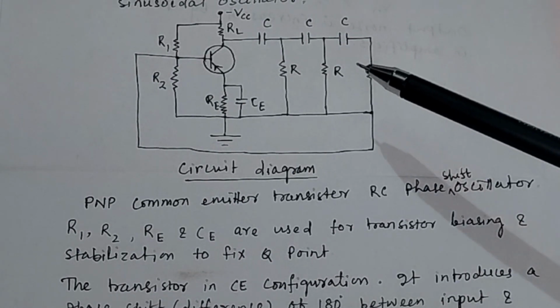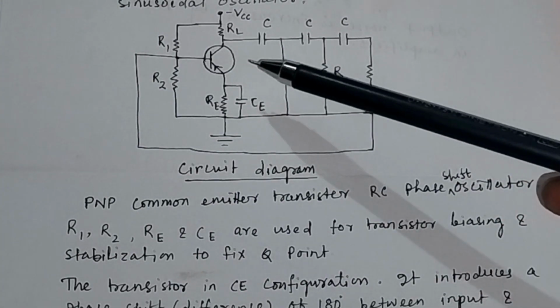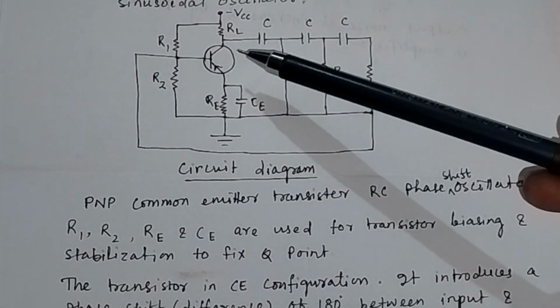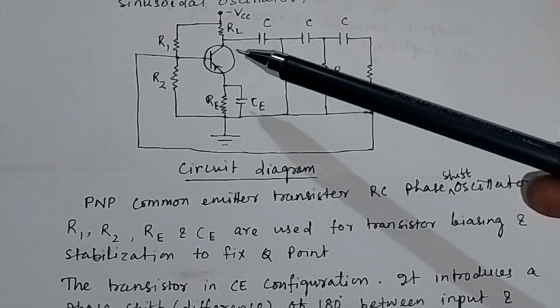And as you know, the transistor produces a phase difference of 180 degrees between the input and output.